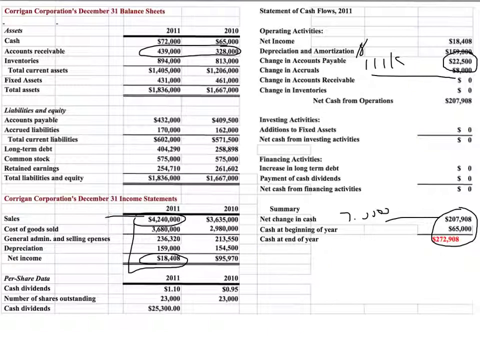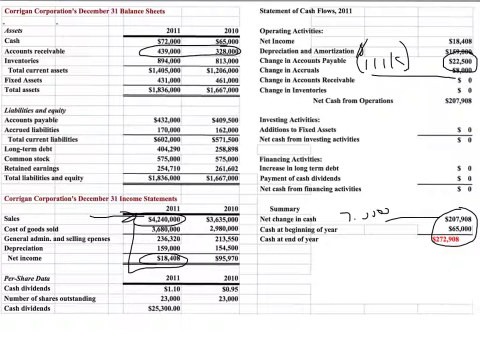So this number, if we were doing this on a cash basis and not an accrual basis, is really overstated by $111,000. We didn't collect in cash all of that $4,240,000. So here we're going to have this be a negative number for our change in accounts receivable.